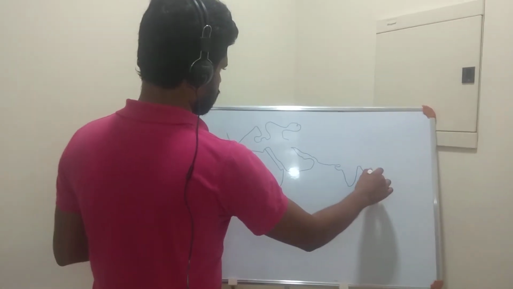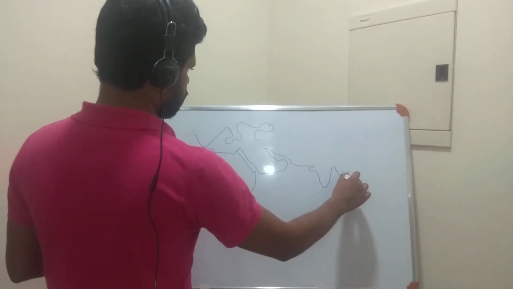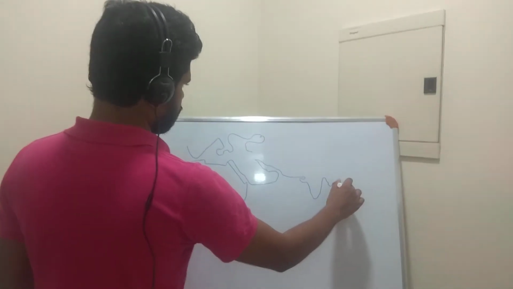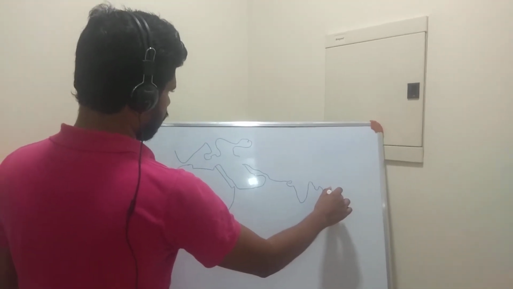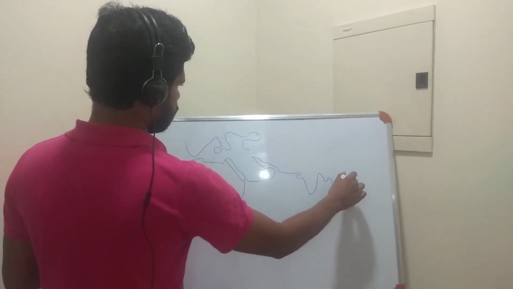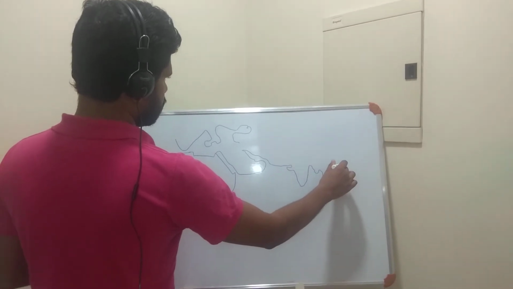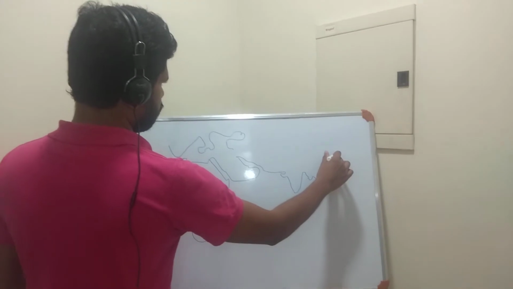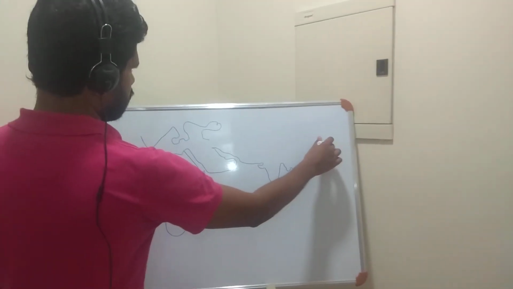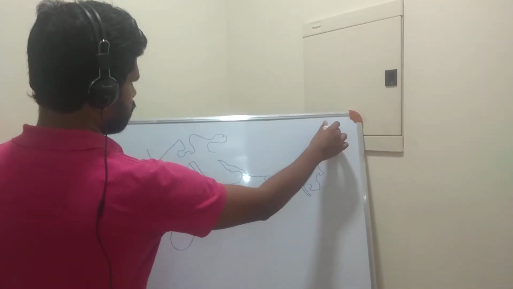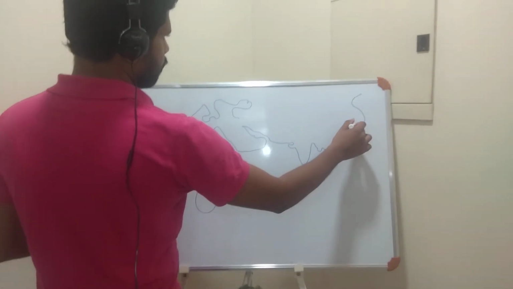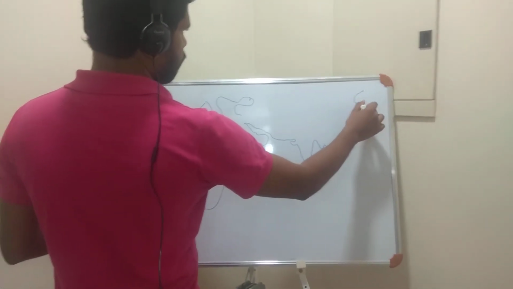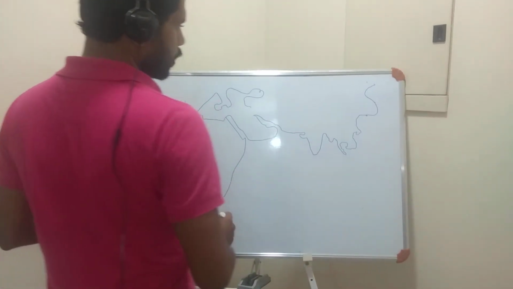Then you go into Sarawak, the Malaysian region. If you move further into Thailand, Cambodia, the Vietnam region is here. And if you go further, regions like this is Hong Kong, this you can find Shanghai, and here you find Beijing.